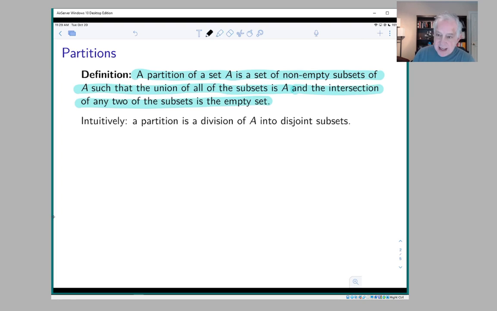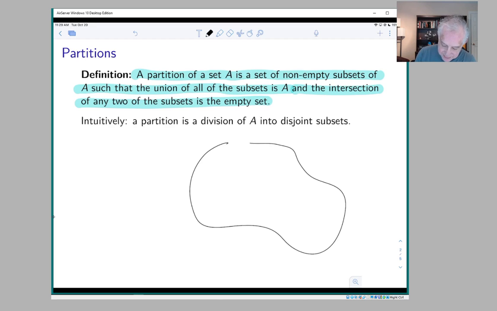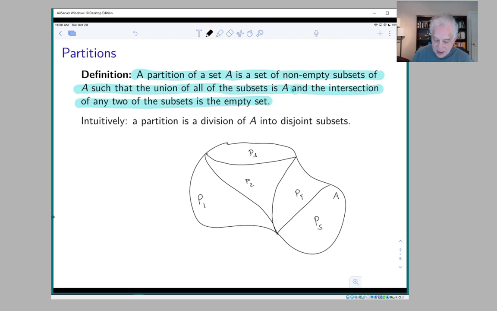If you were going to draw a Venn diagram of a partition, here would be your set A. And you would have subsets, I guess maybe this isn't really a Venn diagram, but here would be P1, P2, P3, P4, and P5. So this would be a partition of A into 5 subsets.